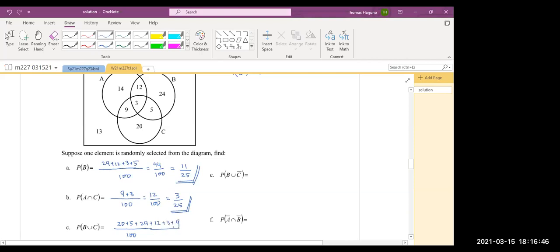You may want to consider doing it in order, like you do the B first and then include the C, or you do the C first, then include the B. What you did here, I see what you did, and that's okay. So you add this and this and this and this and this and this, right? Okay, but I tend to do B first and then include the C. But you can do it this way also. You just don't want to miss any numbers.